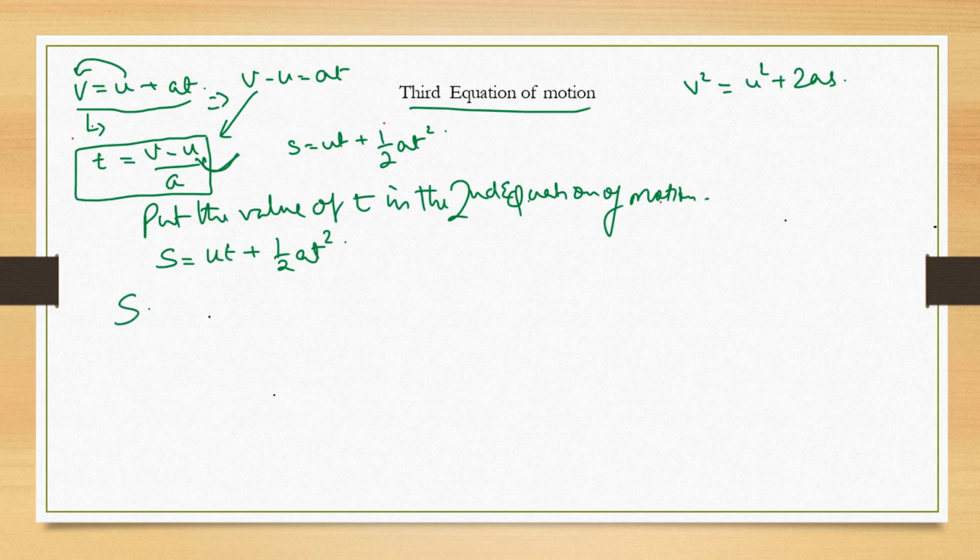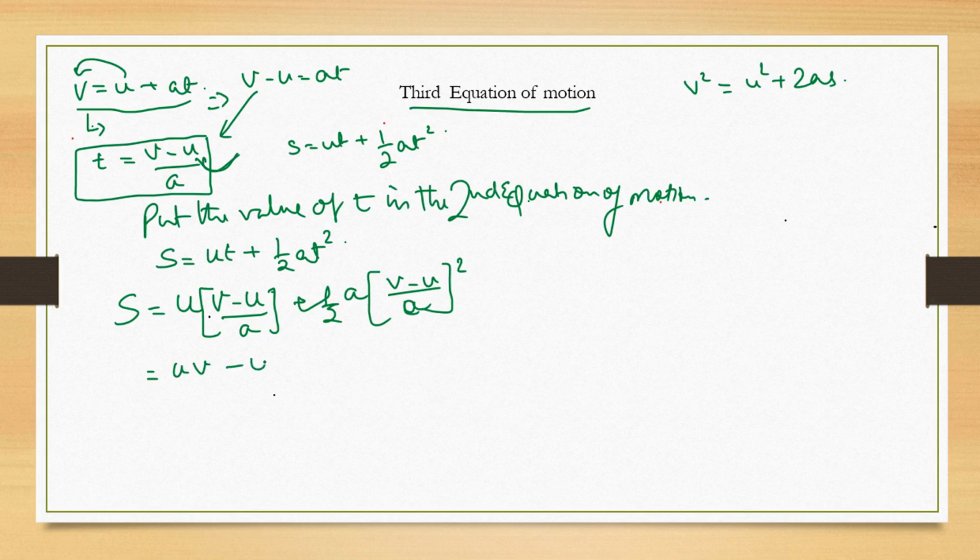So s is equal to u, t will be replaced, we get v minus u divided by a, plus half into a, t replaced by v minus u divided by a, whole square.